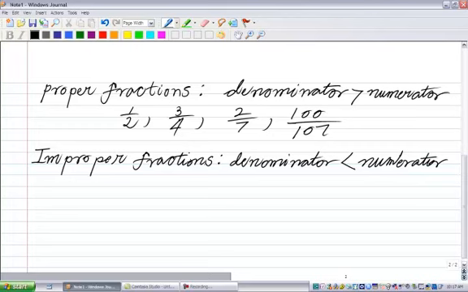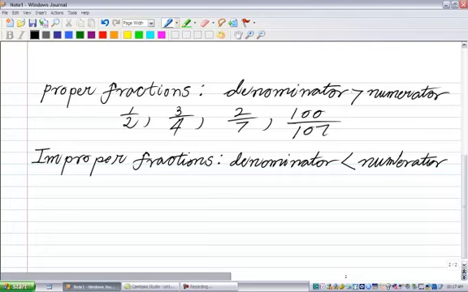So in the first one, the denominator is larger. In the second one, the denominator is smaller than the numerator. This symbol that I have here means greater than, larger than. The opposite symbol is less than or smaller than. Everybody's okay with that? All right, so the denominator is less than the numerator.